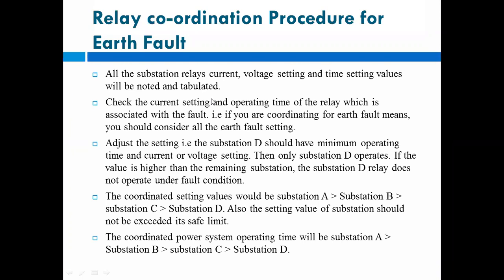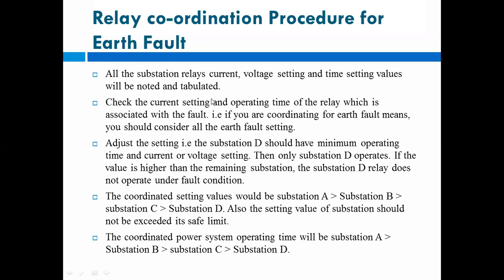So that time is nothing but the operating time of the relay associated with the fault. If you are coordinating for earth fault, you should consider all earth fault settings. Earth faults means single line to earth or double line to earth faults.